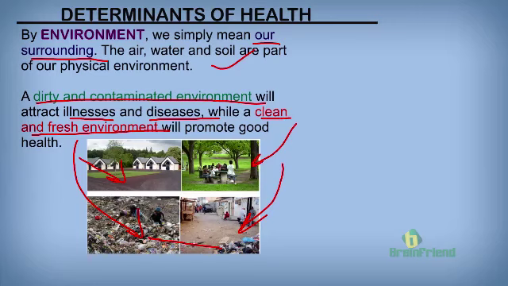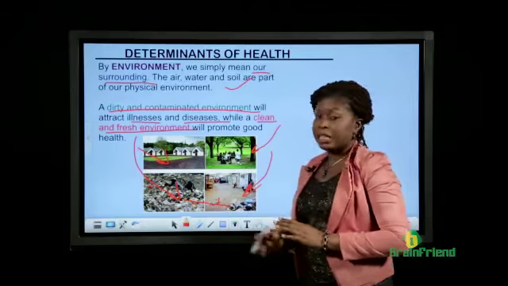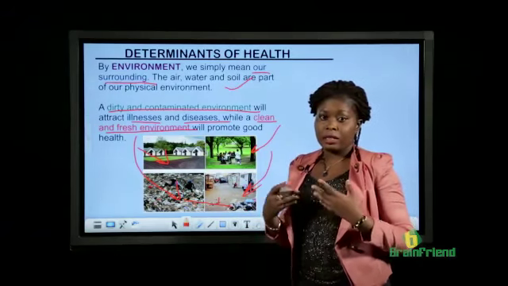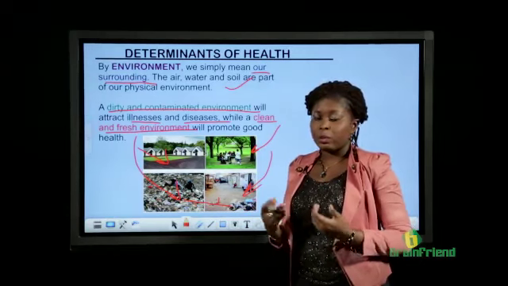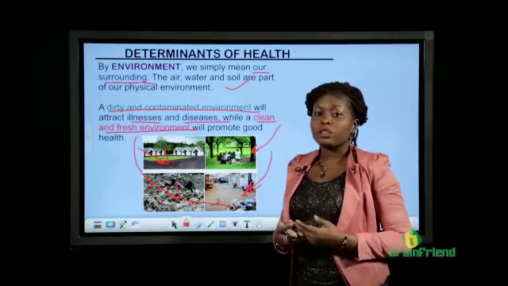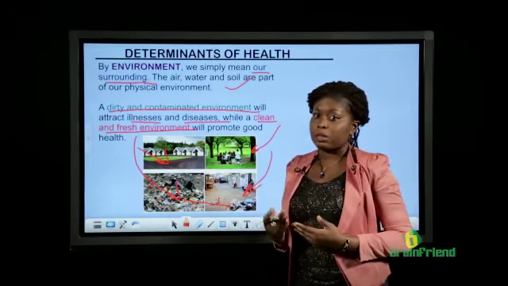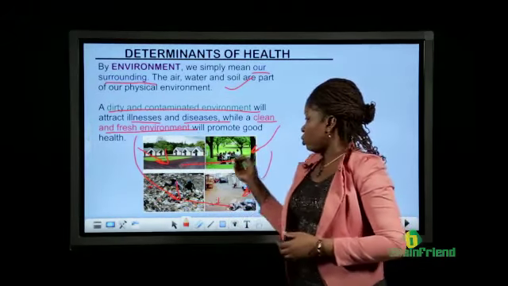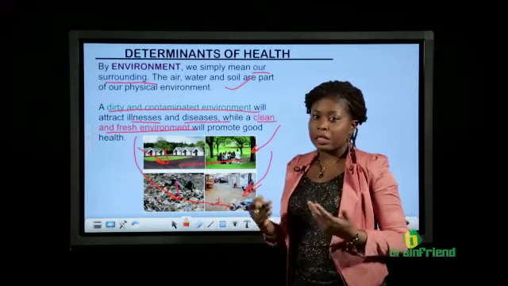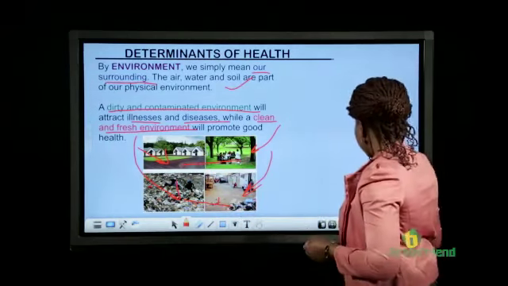People who live in such dirty environments tend to have bad health conditions because obviously the waters are polluted, the air they breathe is polluted, and even the land is polluted. So the possibility of developing serious health conditions are there. While people who live in clean environments such as what we see here will definitely lead healthier lives.